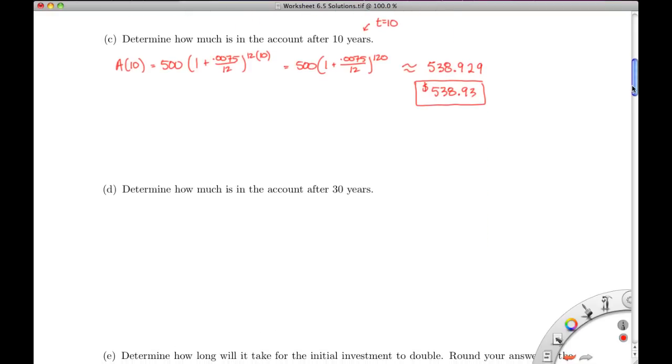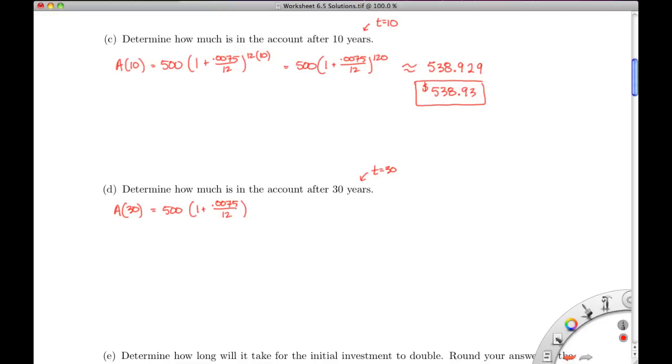And just for fun, let's do this again. So we're going to round. We're going to determine how much we've got in our account after 30 years. So t equals 30. So A of 30, we're going to have 500 times 1 plus 0.0075 divided by 12. I keep saying that wrong.